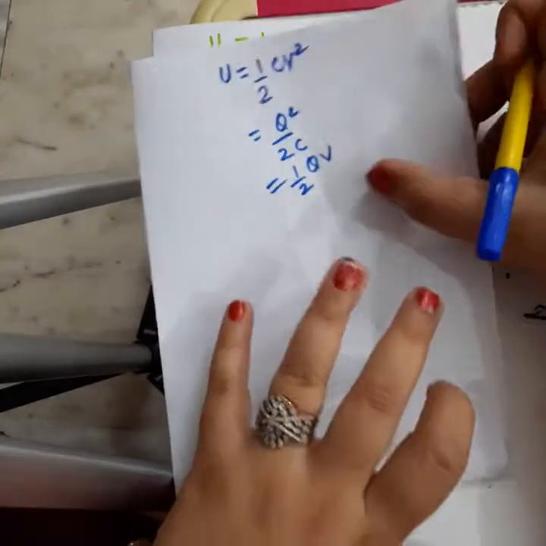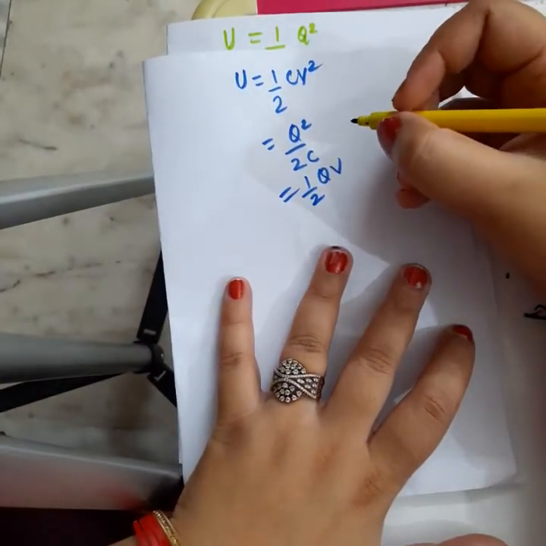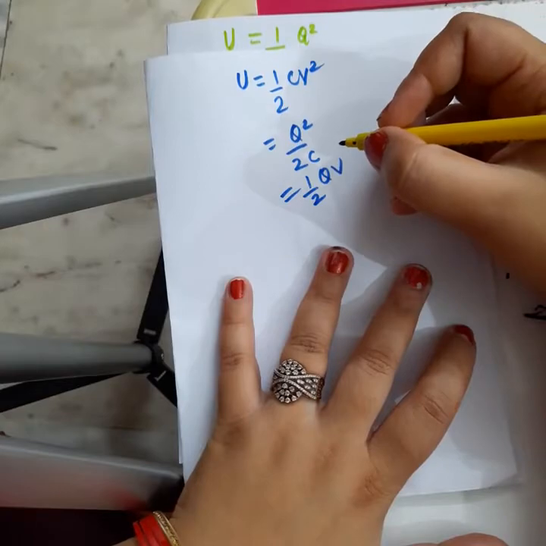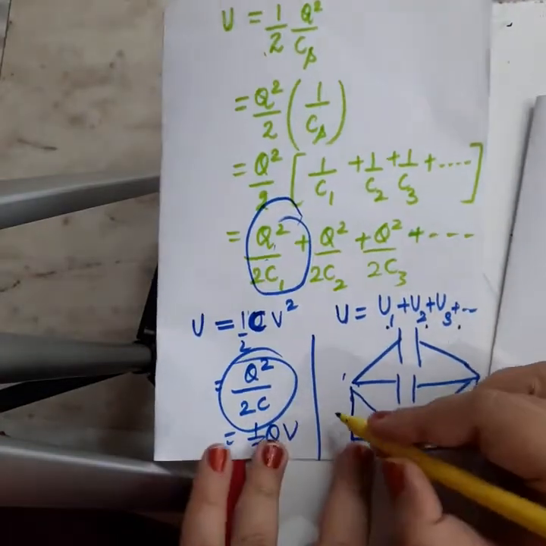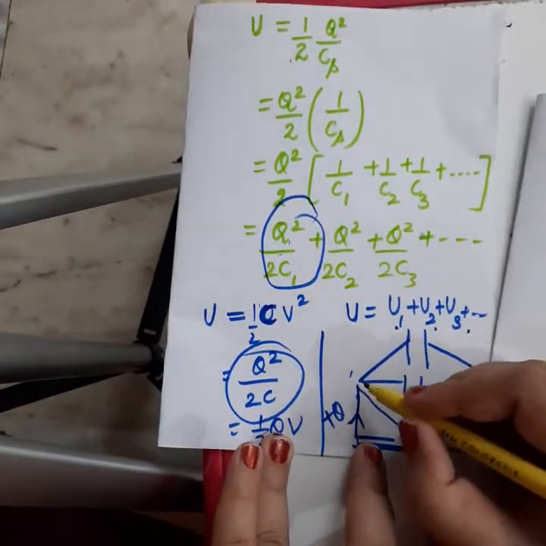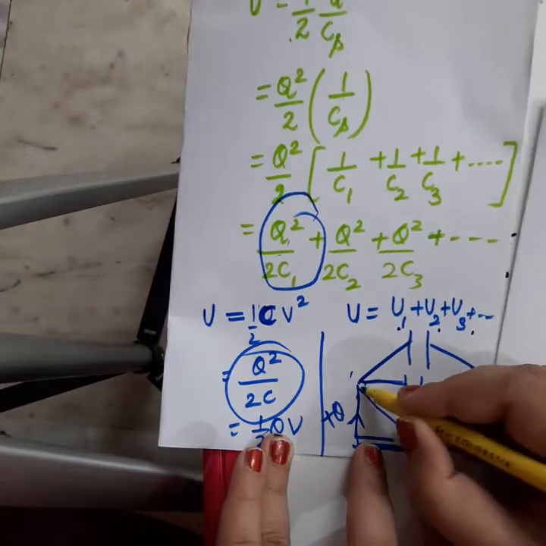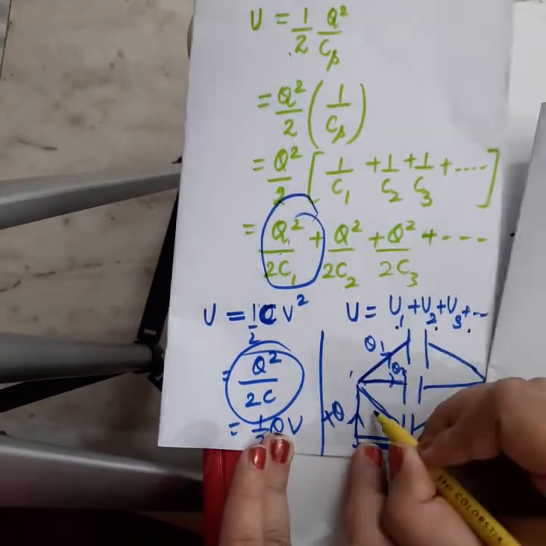Okay, so of course in parallel combination, charge is not constant for all the three capacitors. Because what happens, if positive Q charge goes from here to here, then of course it would be distributed into three capacitors, as in Q1, Q2, Q3.